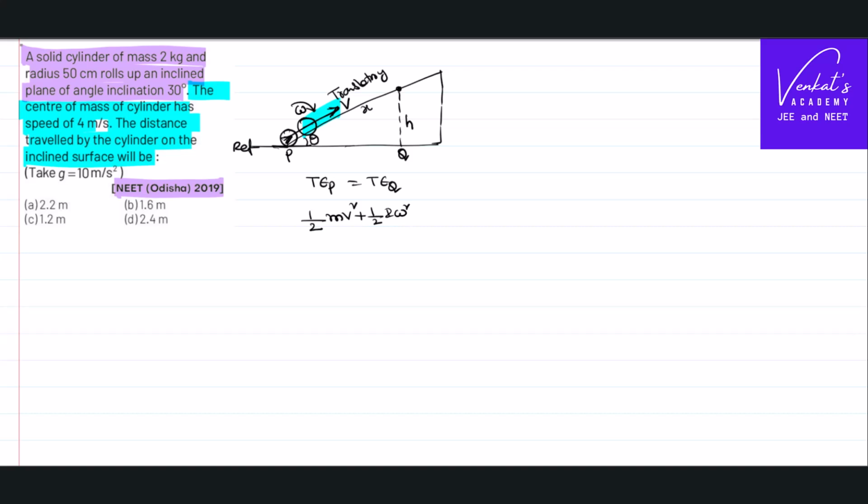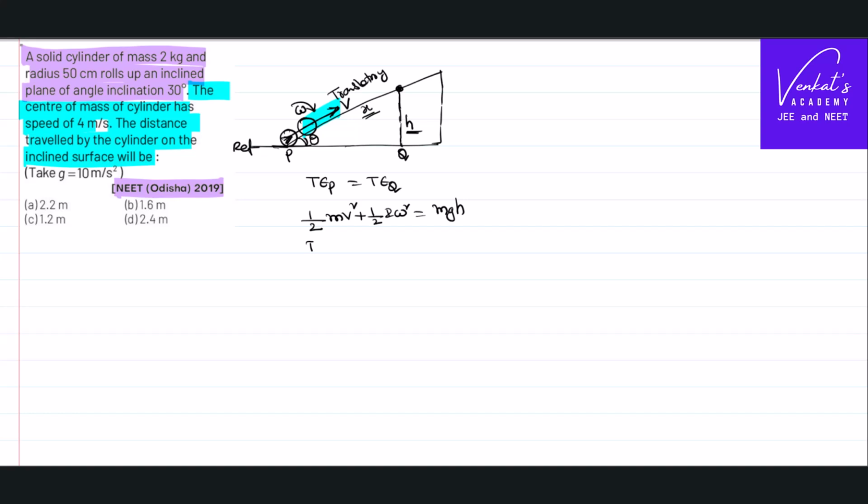After reaching here, all that is converted into potential energy, mgh. You have to calculate this h, as I know this theta, so that I can calculate the value of x.